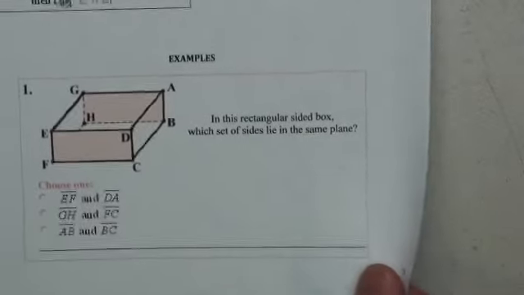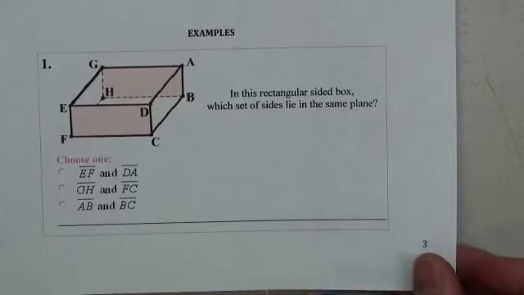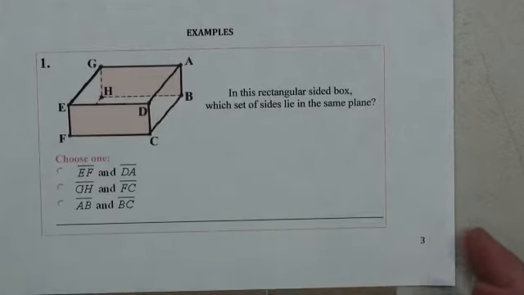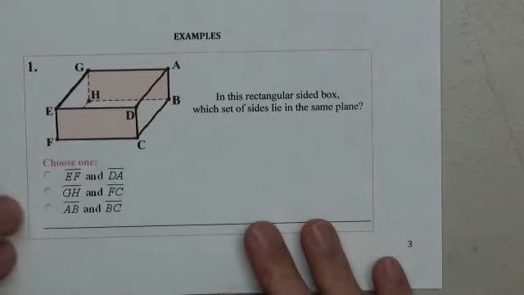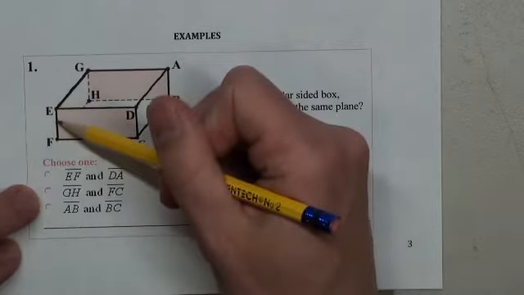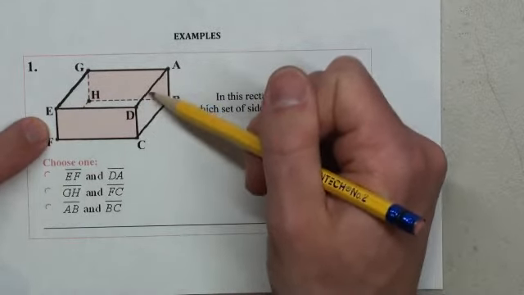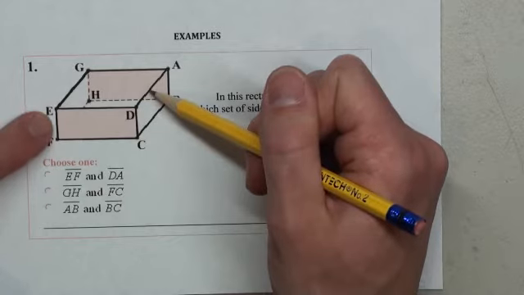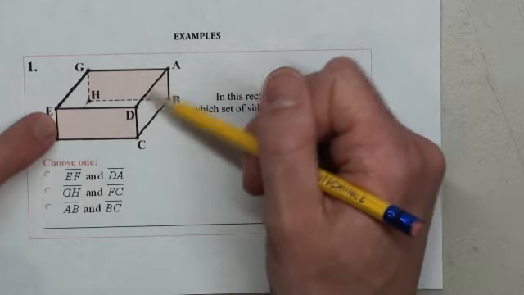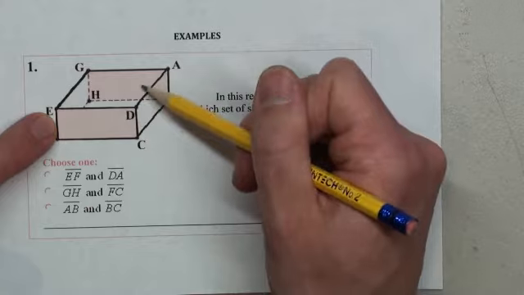In this rectangular sided box, which set of sides lie in the same plane? And then they give us choices. We have to choose one. They have EF and DA. Those don't lie in the same plane. This one's going here, it's over in this plane, and this one's going this way, it's in these two planes.